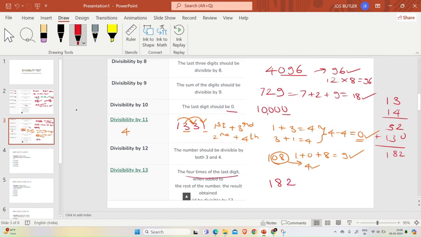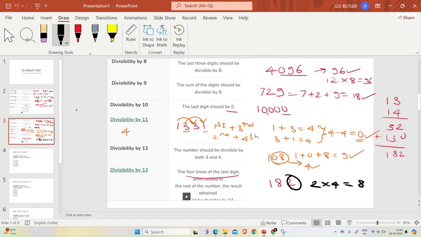Take 4 times the last digit when added to the rest of the number. What is the last digit? Here the last digit is 2. 4 times the last digit, so 2 into 4 is equal to 8.